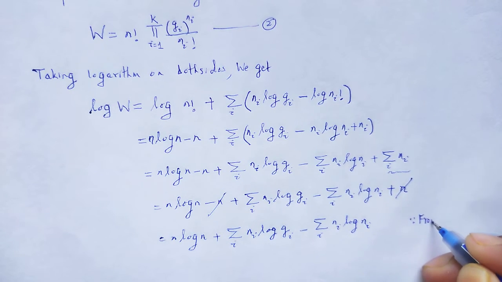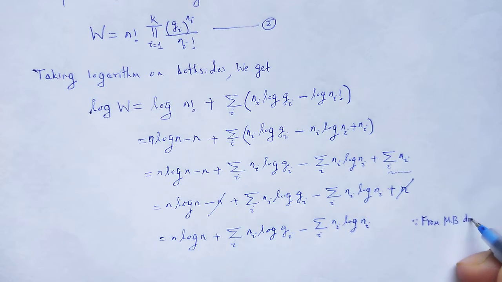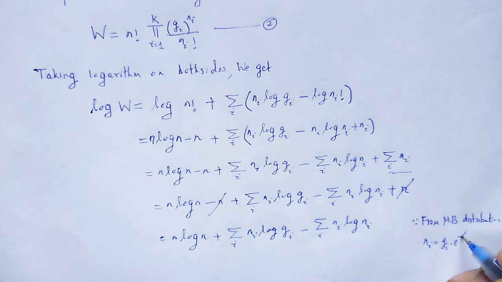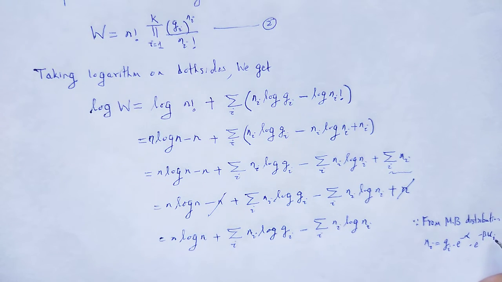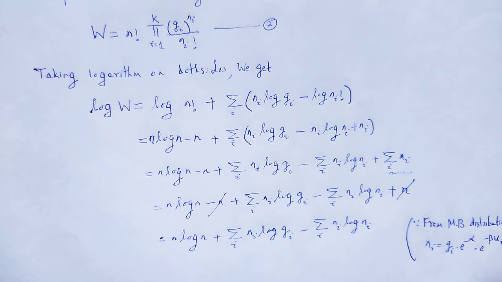From the Maxwell-Boltzmann distribution law, ni is equal to gi into e to the power minus alpha into e to the power minus beta into ui. Ui is the energy of the particles in the ith compartment.